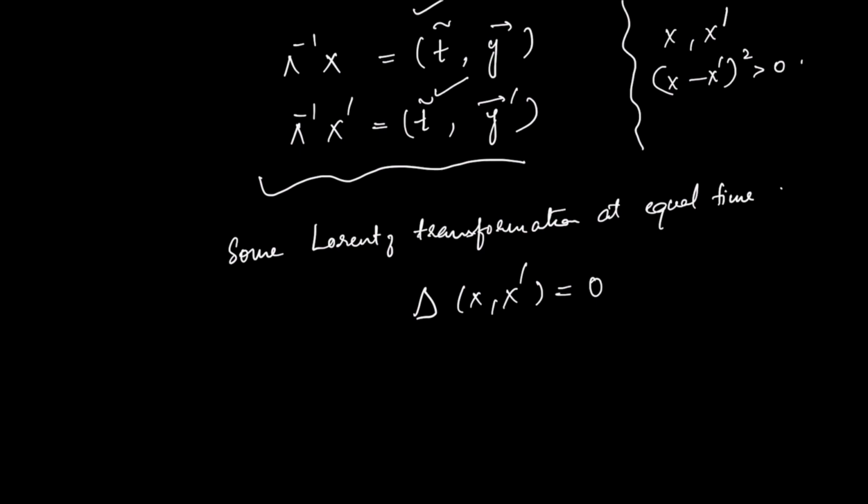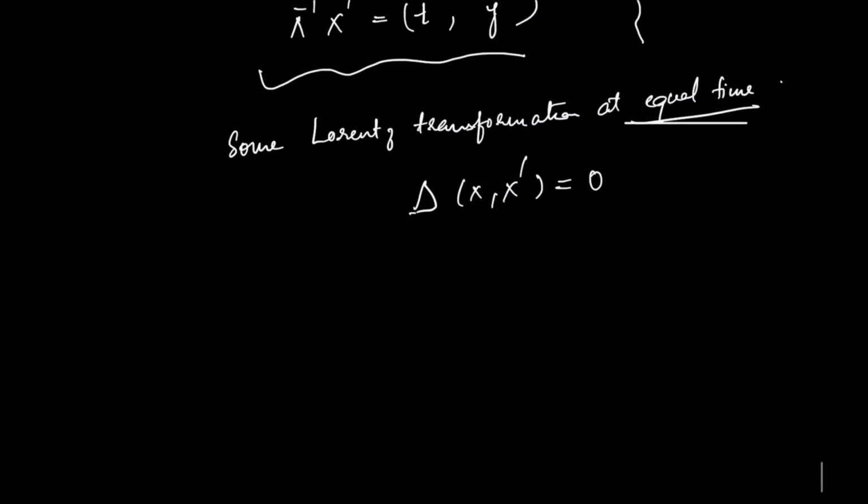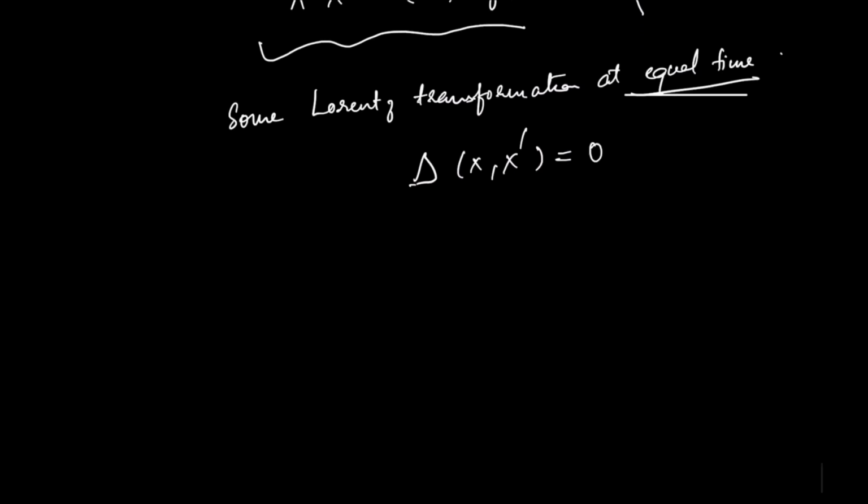Why? Because what is this deviation? It is the commutator of phi of x and phi of x prime. If it is at equal time, then they commute with each other. Therefore, the deviation will be 0. So this is equal to 0 because the commutator is evaluated at equal time.